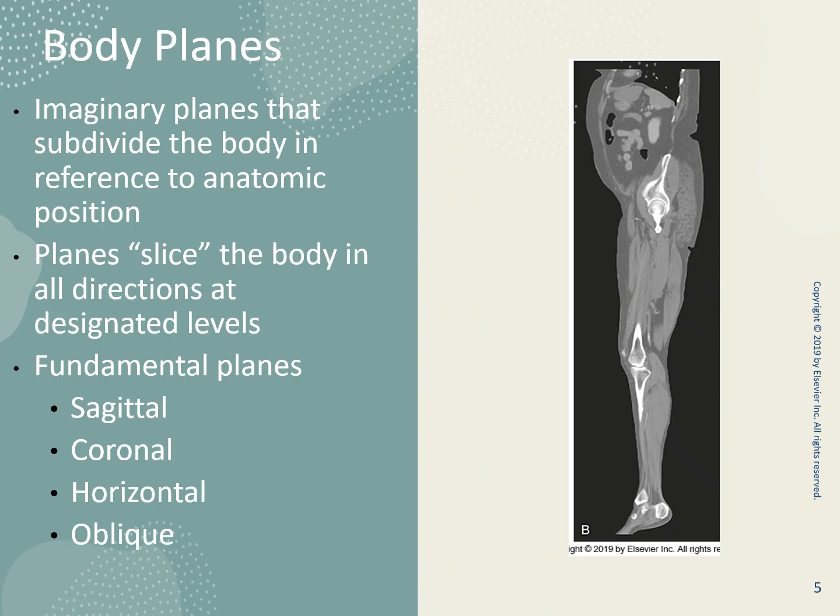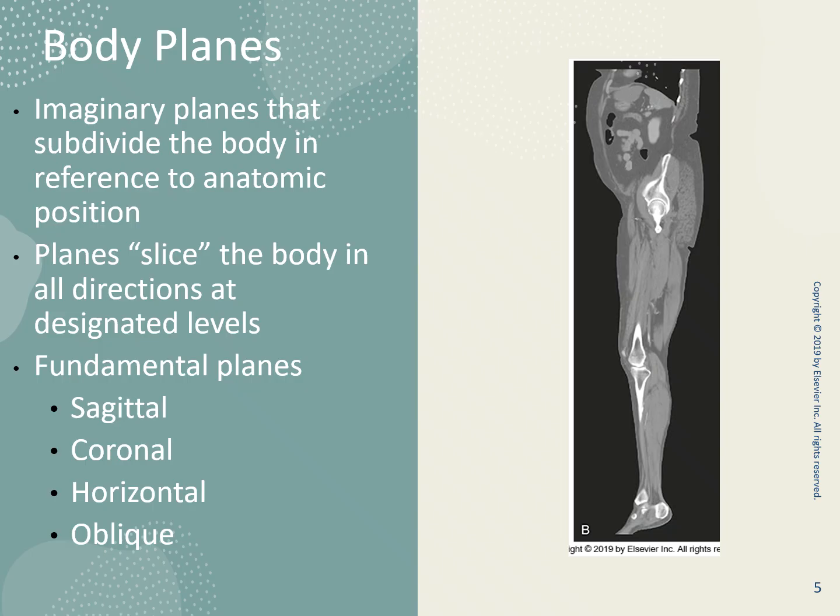Fundamental planes. The sagittal plane is the one that would go through a human body from front to back. So from the anterior side of the human body to the posterior. So the plane basically connects the belly button with the spine.